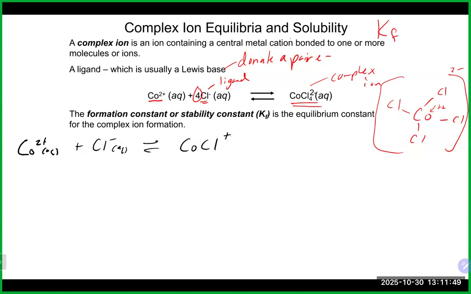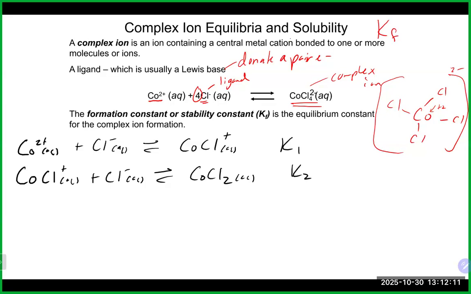And there would actually be a K value associated with just that first chloride that comes on. Then this one picks up another chloride and makes CoCl2. And there could be an equilibrium constant for that as well.